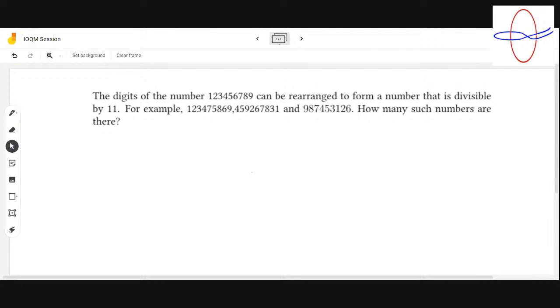Do you understand the problem, guys? Any doubts in understanding the problem?